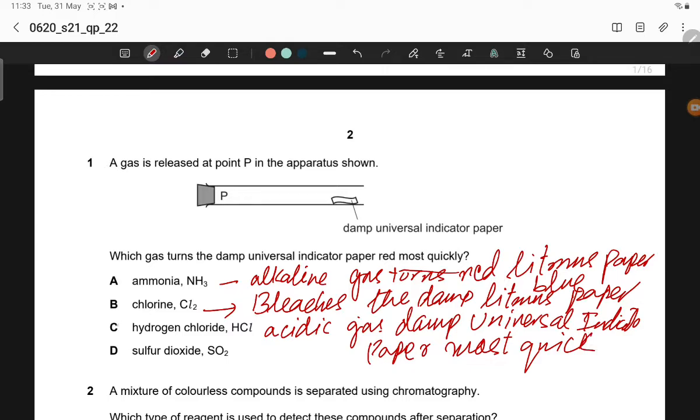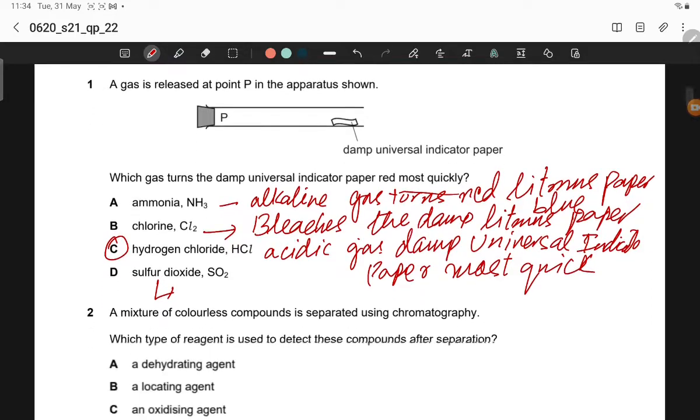So the option is C. Sulfur dioxide is a weak acidic gas, so it does not turn the damp universal indicator paper red most quickly. So the answer is HCl.